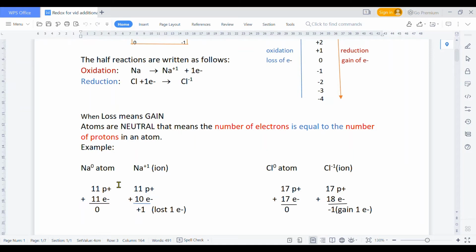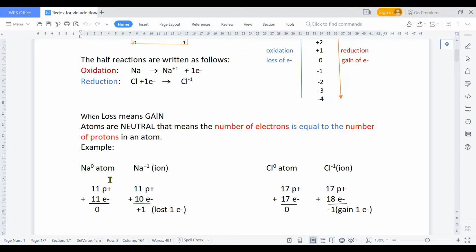That means there are 11 protons and 11 electrons. Remember that protons are positively charged and electrons are negatively charged. So when these are added, it becomes 0. That is why the charge of the sodium atom is 0, because it is electrically neutral.